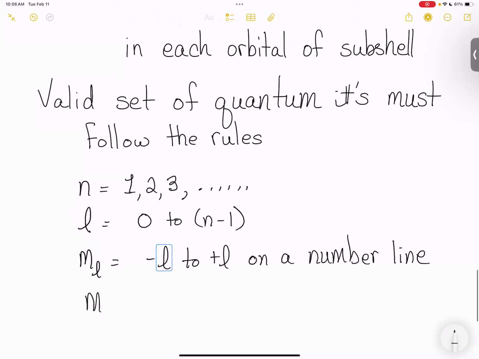And m sub s is equal to a plus 1/2 or a minus 1/2. All 4 rules have to be followed simultaneously for it to be a valid set of quantum numbers.